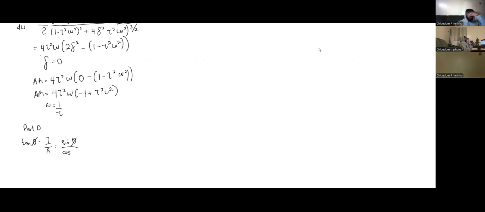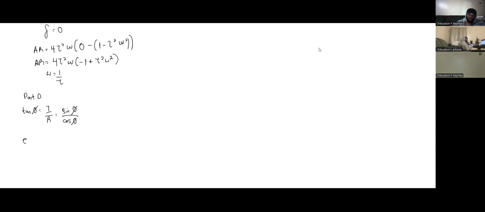So now we're going to use Euler's formula again. We know this is going to be S, and with S that's going to be JW.